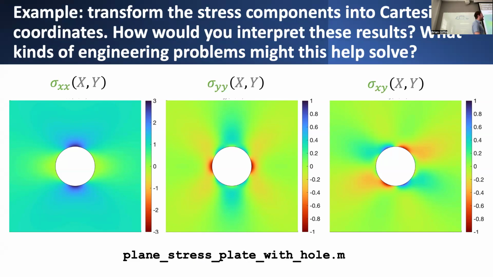It's also interesting to take a look at what's happening here for the YY stress. It's not just that the plate is subjected to only axial stress now. When you introduce this hole, you also generate other localized components of stress in both the Y direction and shear components of stress.